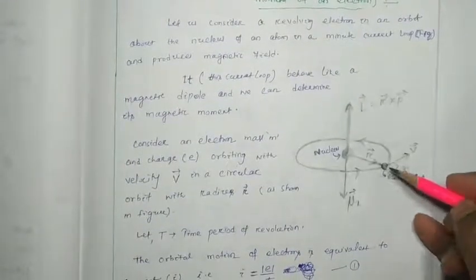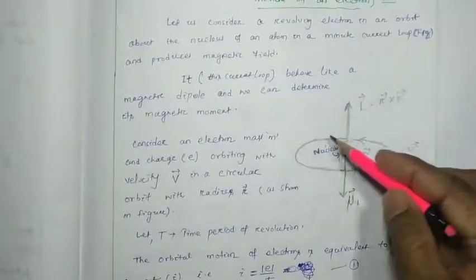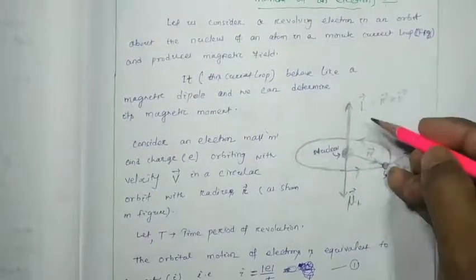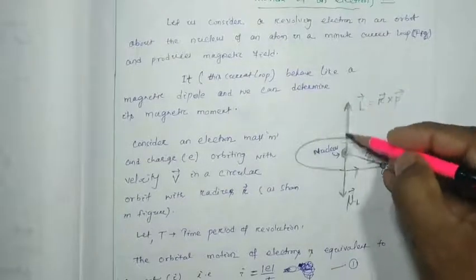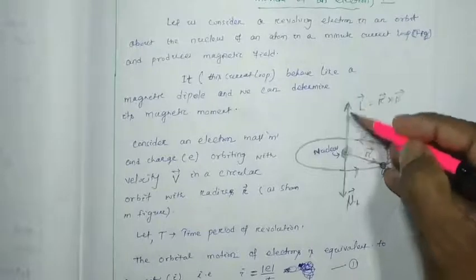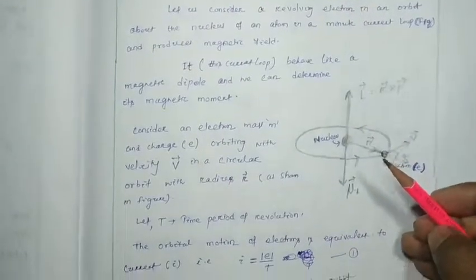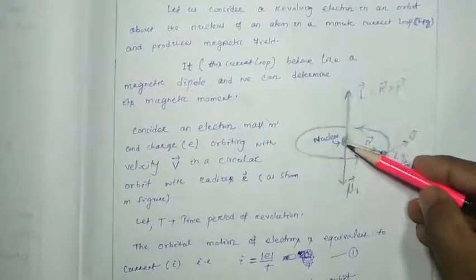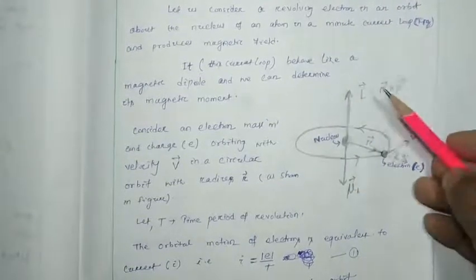If the electron is revolving anticlockwise, then we find the angular momentum direction towards the top side, and its corresponding magnetic moment is opposite to the angular momentum.